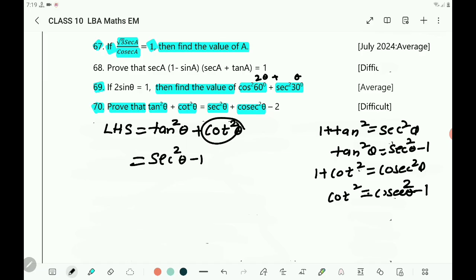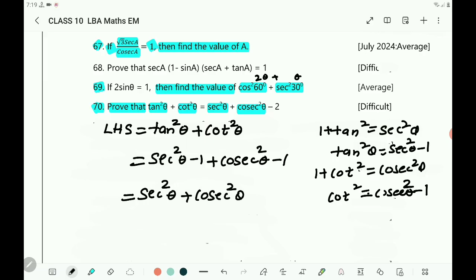So, in the place of cot square theta, you can write cosec square theta minus 1. Then write secant square theta and cosec square theta together. Secant square theta plus cosec square theta, and minus 1 and minus 1 are added to get minus 2.